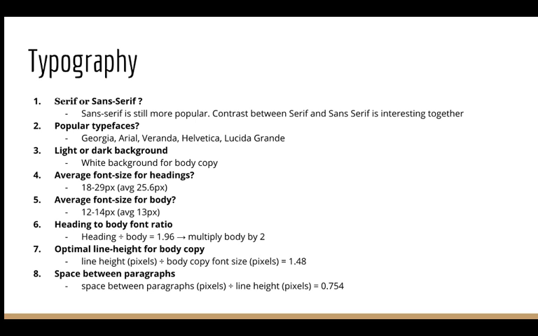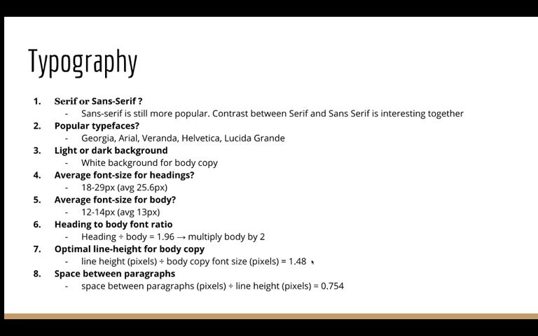It's pretty much just multiply by 2, and you could have a decent font ratio between your heading and your body text. If you want to make it more extreme, there isn't really a right or wrong answer, but these are pretty standard. So does that mean if the body is 5 and your heading is 10, just multiply by 2? Yeah.